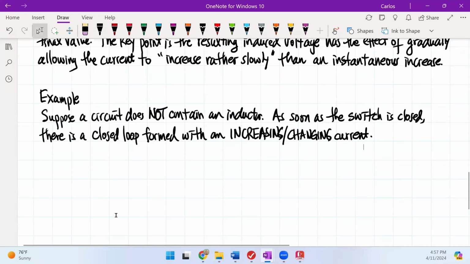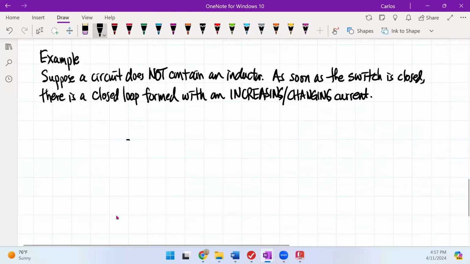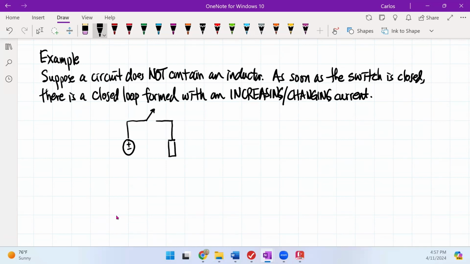So what happens here is that if I have a circuit, and here's my switch, and here I just have some element.